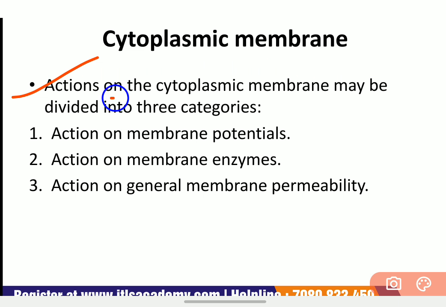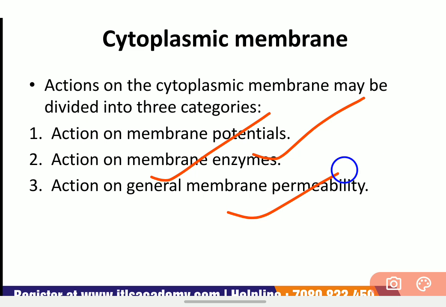Actions on the cytoplasmic membrane can be divided into three categories: action on membrane potential, action on membrane enzymes, and action on general membrane permeability.